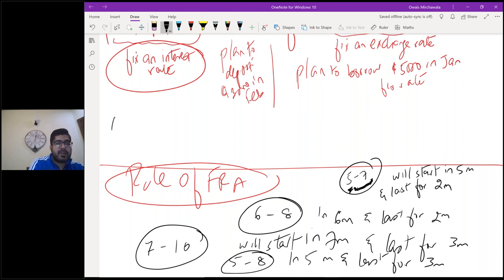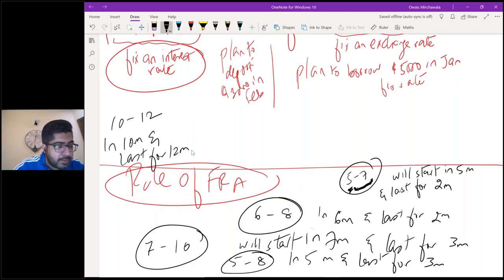If someone says FRA is 10-12, will start in 10 months and last for 2 months, okay? This is how FRA rules work, and I've shown you the FRA format as well, okay?